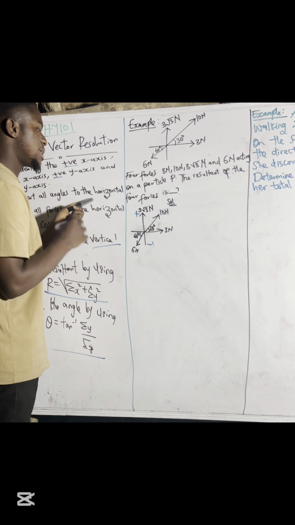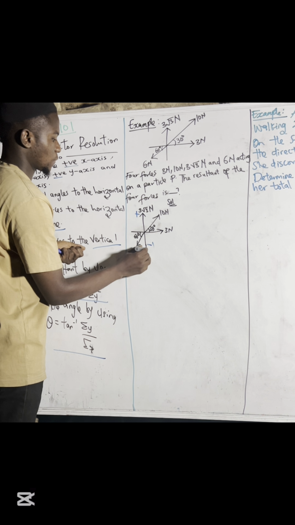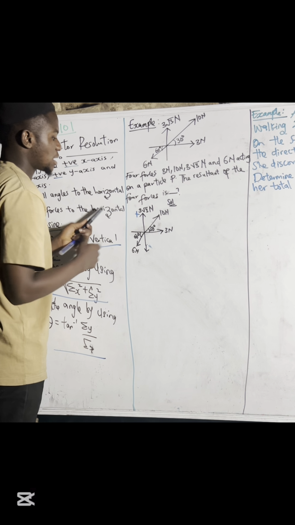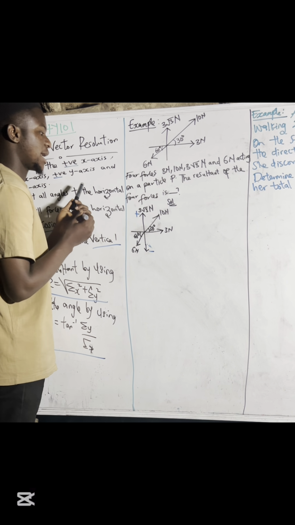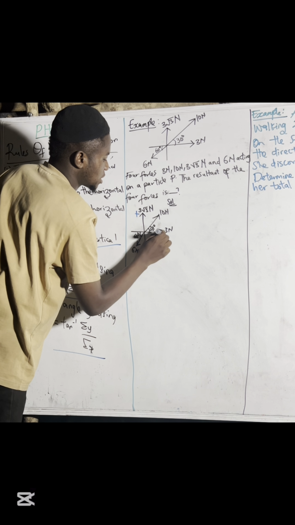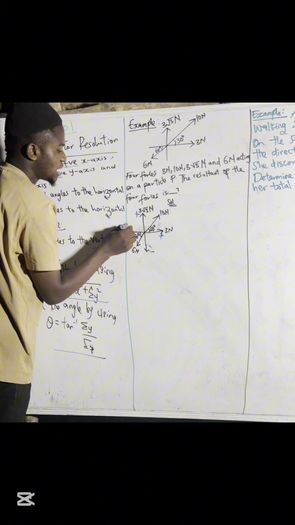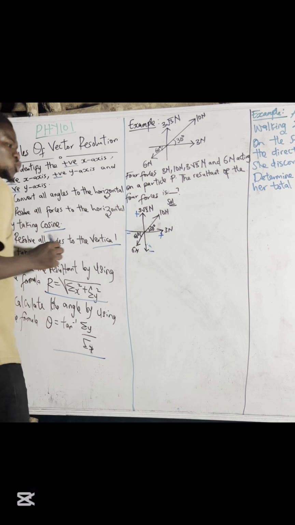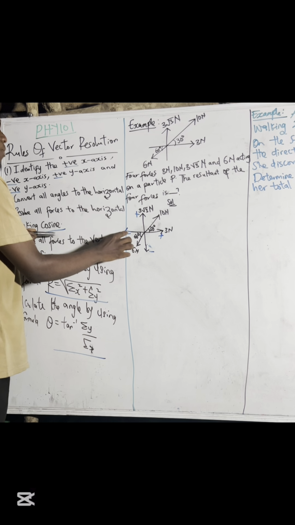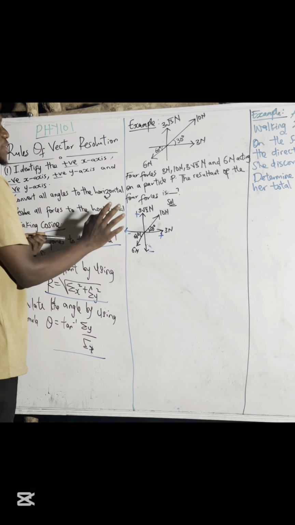So you are going to indicate, put plus here, put minus here. And to the right side, when it is going to the right, that is also positive. But if it is going to the left, that would be what? Negative. So we are going to indicate the positive y direction, the positive x direction.